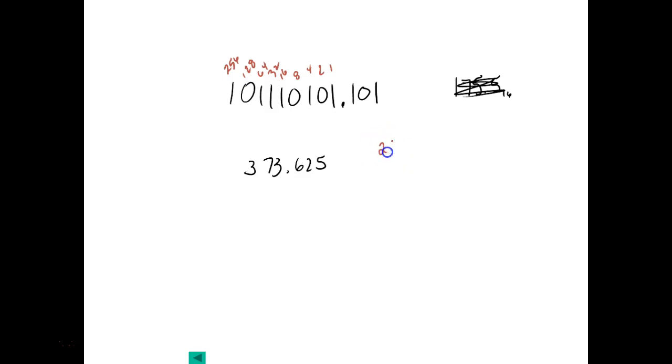I'm going to add 256, 64, 32, 16, and 5. I can do 4 and 1 in my head, right? Okay, Michael? See where you went wrong? We're okay. Everybody okay? Any questions?